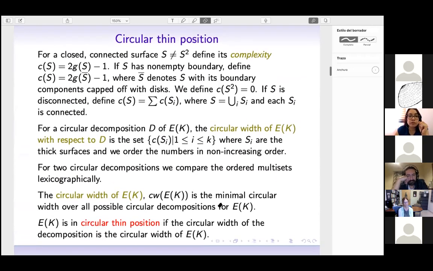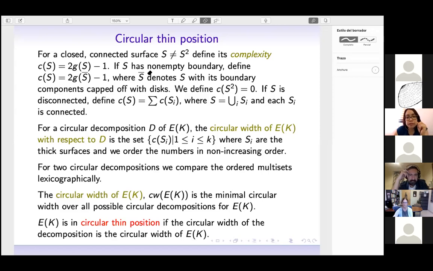Here we have some definitions about the complexity of surfaces. If we have a closed connected surface, we define its complexity as two times its genus minus one. When the surface has non-empty boundary, we first cap off the boundary components with disks, and then compute the complexity of the capped surface.